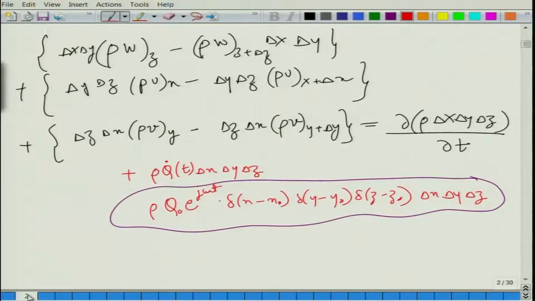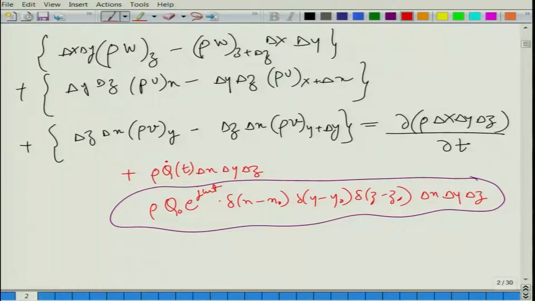Coming back to our discussion, we will keep this aside and move with generality. We will go about our regular business, divide throughout by delta x, delta y, delta z, or take them common on the left and right hand sides, and then take the limit of delta x, delta y, delta z tending to 0.